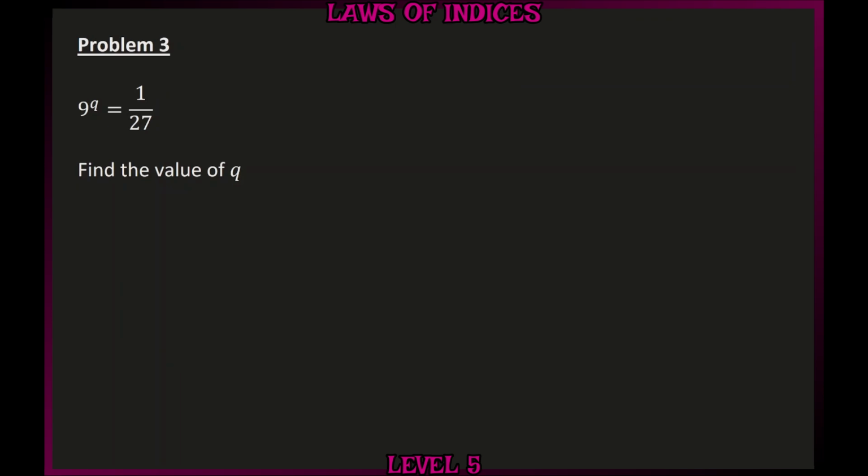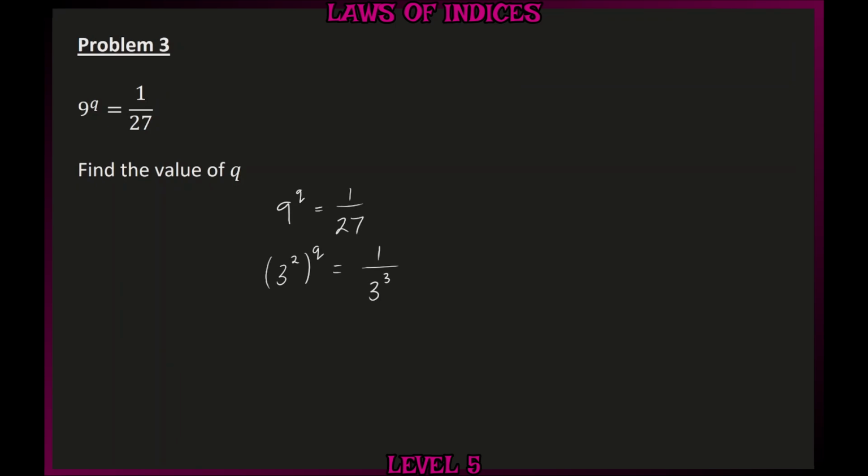So we can rewrite 9 to the power of q is equal to 1 over 27 as 3 to the power of 2, because 3 times 3 is 9, raised to the power of q, is equal to 1 over 3 to the power of 3, because 3 times 3 times 3 is 27.